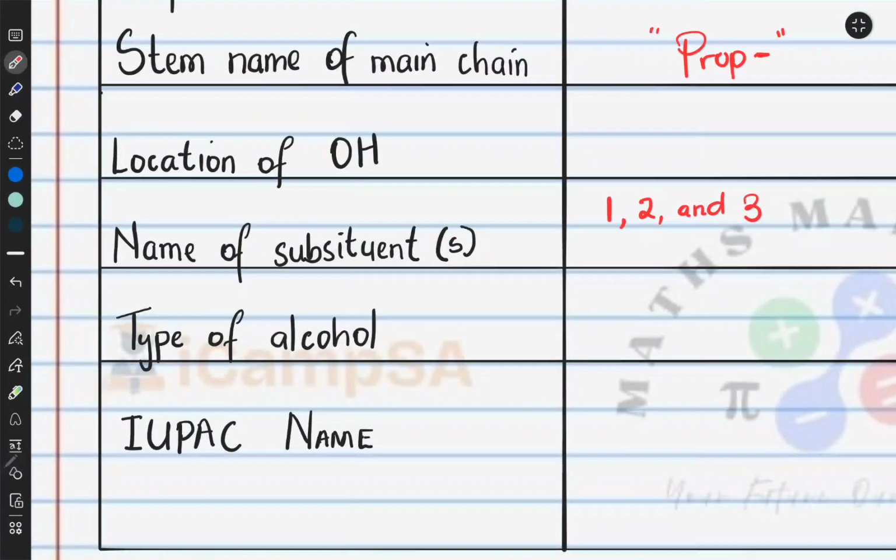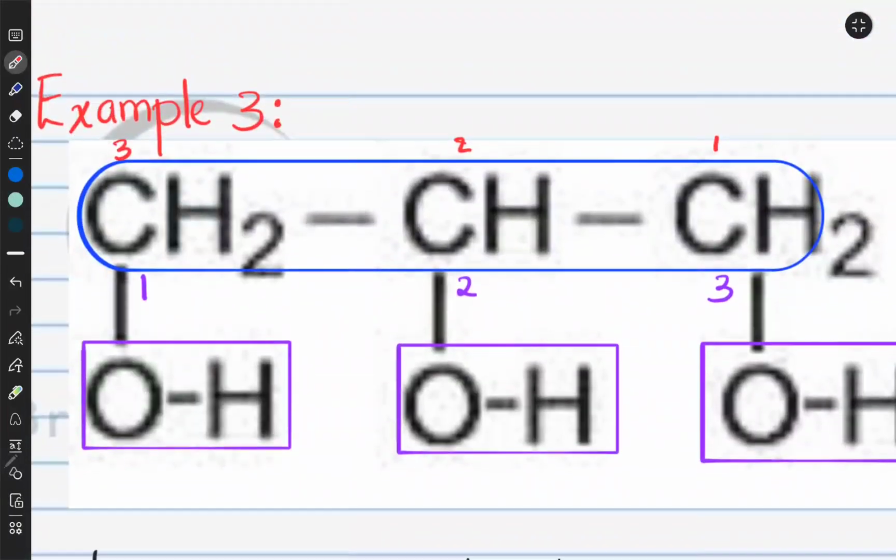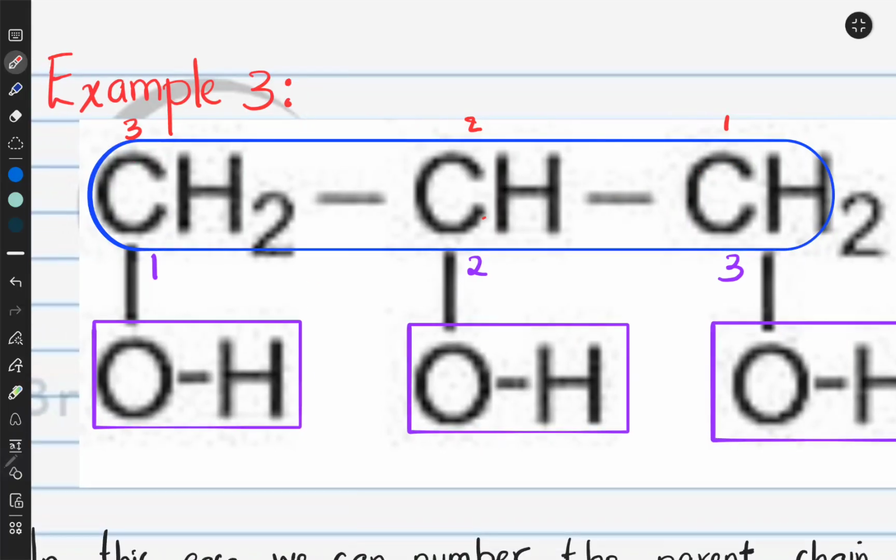Right? The type of alcohol, we can't really tell, because if you check the middle hydroxyl group, it's attached to this secondary carbon atom. Why is this a secondary carbon atom? Because this carbon atom is attached to that carbon atom and also that carbon atom. So it's attached to 2 other carbon atoms. So that's why it's a secondary carbon atom. But if we check the other 2 hydroxyl groups, they are actually attached to primary carbon atoms.